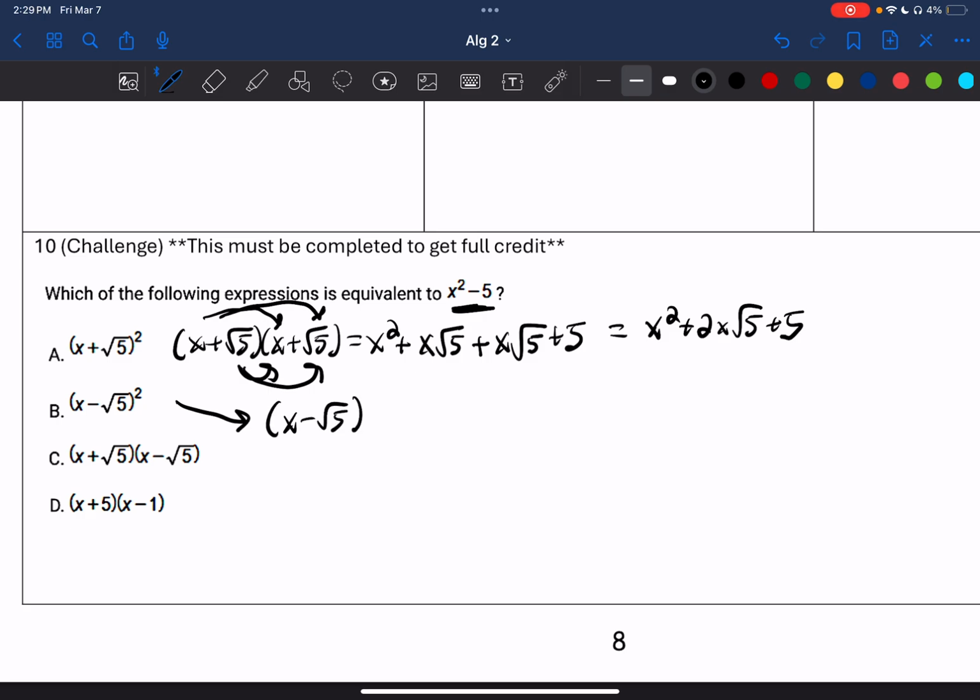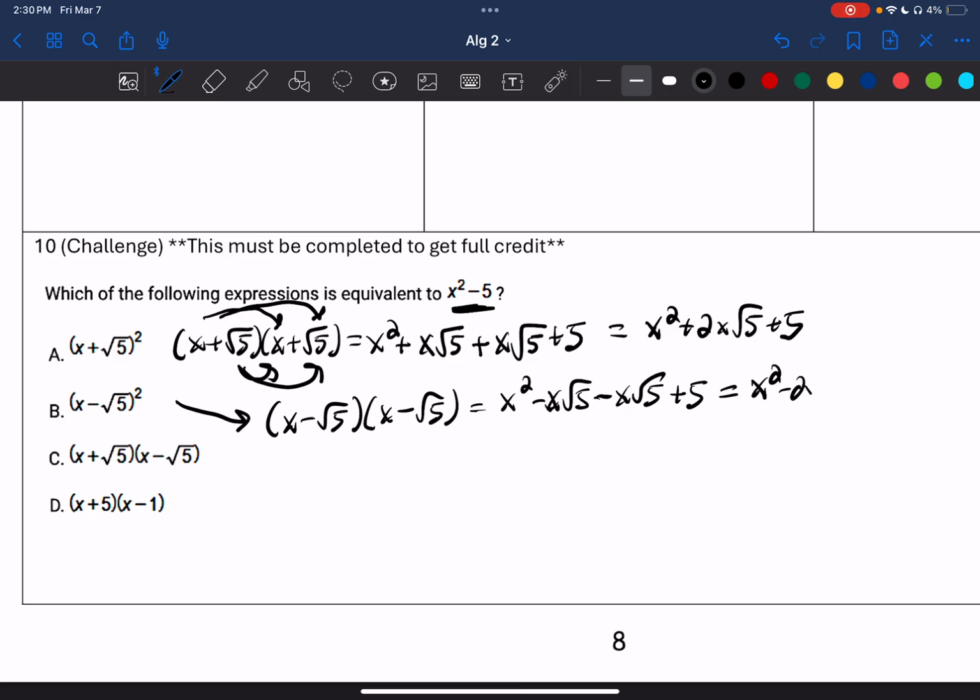X minus root 5 times x plus root 5. That gives us x squared minus x root 5 minus x root 5 plus 5.